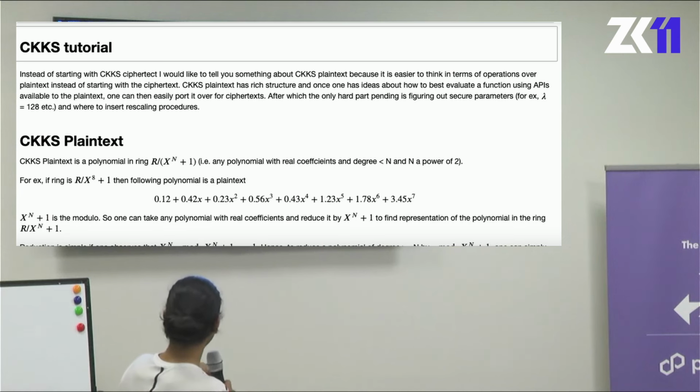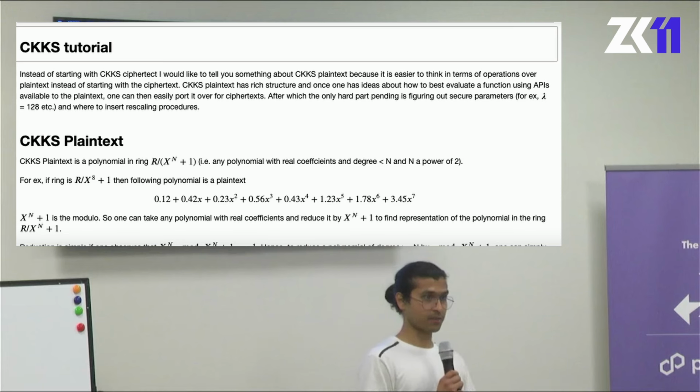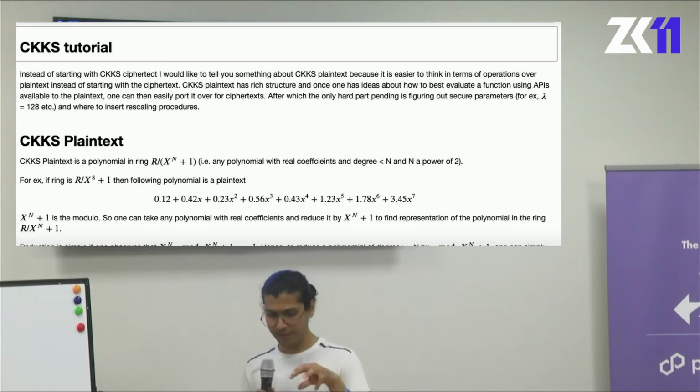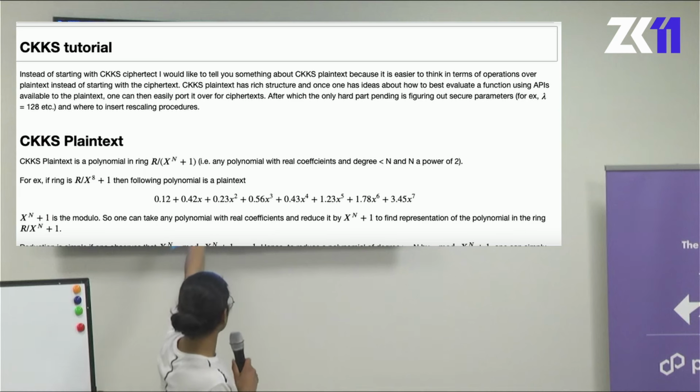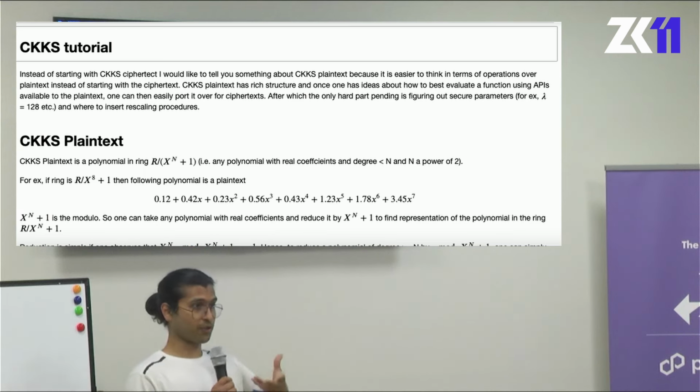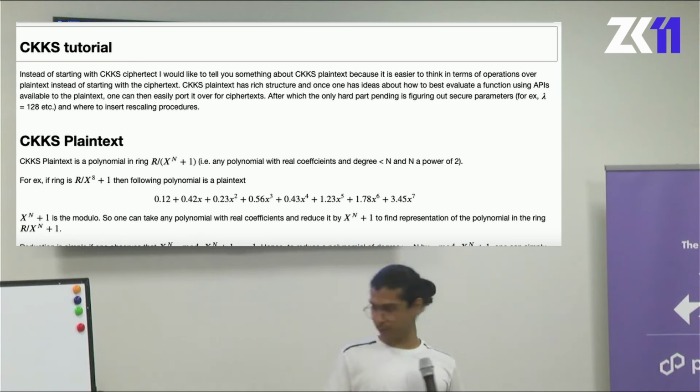So first we'll talk about the plaintext of CKKS. In CKKS, the plaintext is a polynomial in this ring. So what is this ring? Let's say the ring R_n is R modulo x to the power n plus 1.